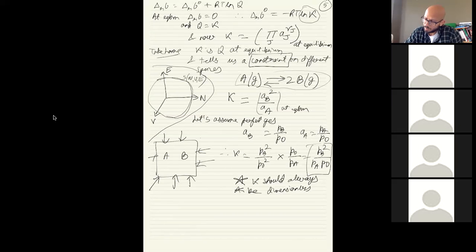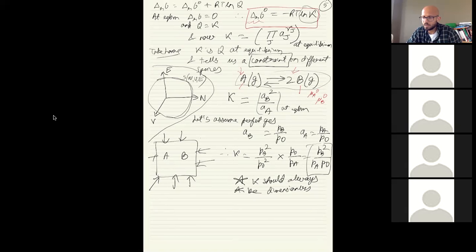So we know that a given reaction is going to have a fixed value of the equilibrium constant. Why? Because the equilibrium constant is related to delta RG naught. We know the reaction, we know the species that are taking part in the reaction, A and B. We know their stoichiometric coefficients, in this case -1 and +2. So we can look up some chemistry table for their mu A naught or their mu B naught, and calculate their delta RG naught, right?